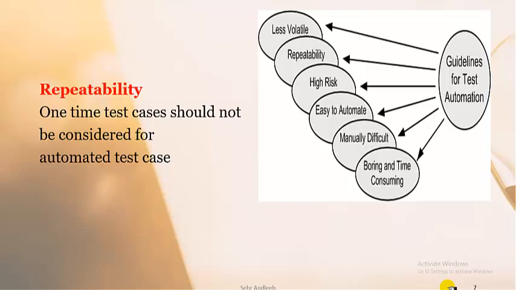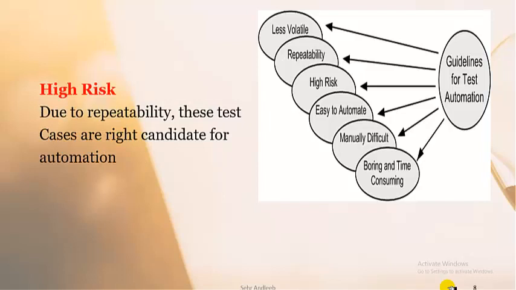It consumes a lot of time and a lot of effort. So you must automate those test cases so that on a single click you can get your desired result, and a lot of test cases can run in a single click, right? That's why for repeatability you should prefer the automated test case.